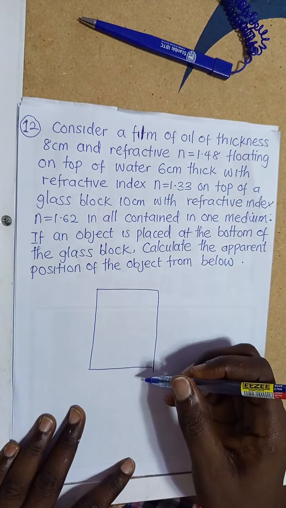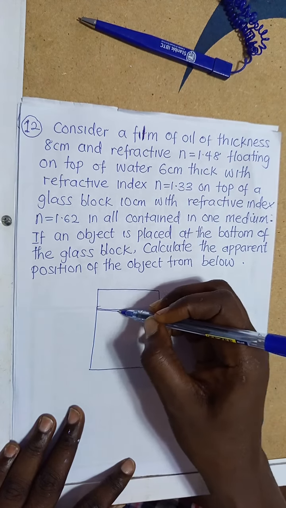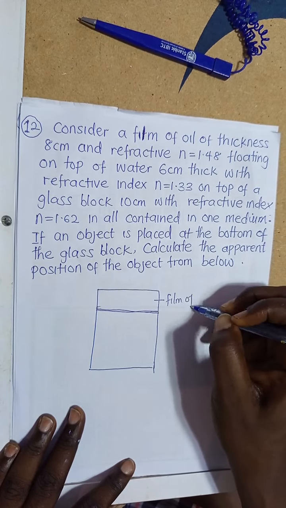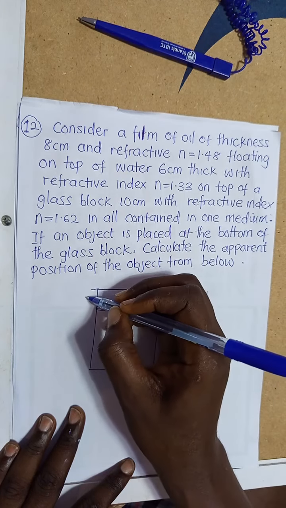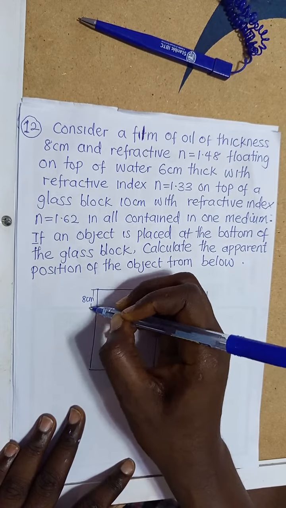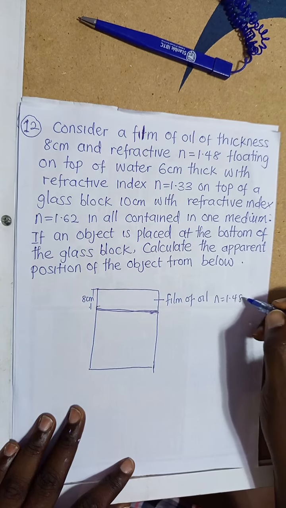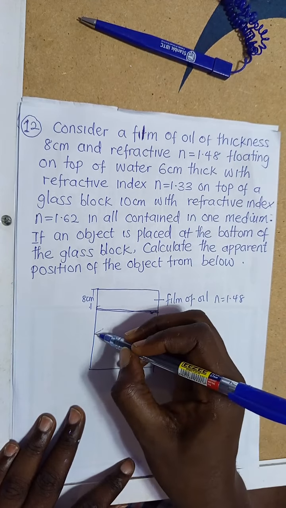So a film of oil. What is the thickness of this? 8 centimeter. And what is the refractive index? 1.48. Floating on top of water.